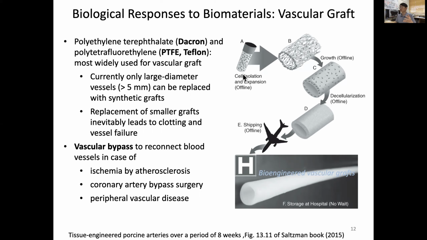These cells are not from the same patient. We grow these and then go through decellularization, so it is acellular, with only the extracellular matrix proteins remaining, and we can ship it and use it as a bioengineered vascular graft. These are the examples.